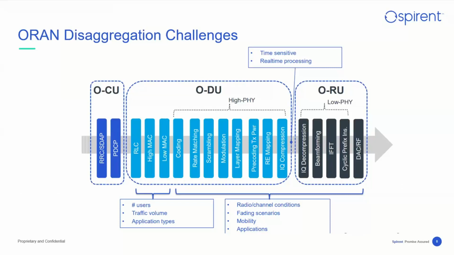Based on the user location in the network and based on the network conditions, you will get probably the modulation from poor to good. And so your mobility will be affected, your application quality will be affected.